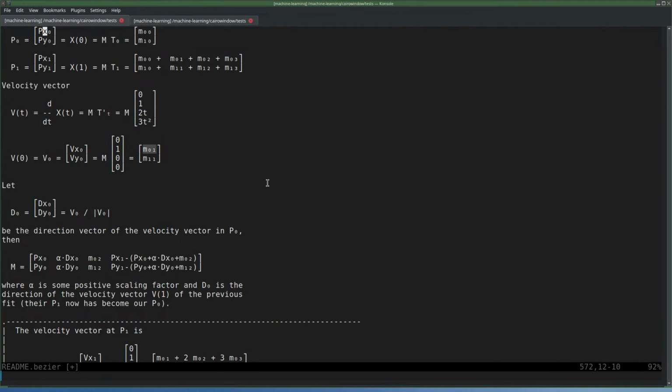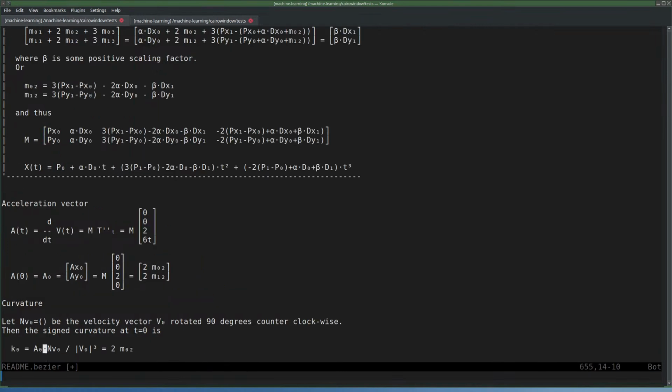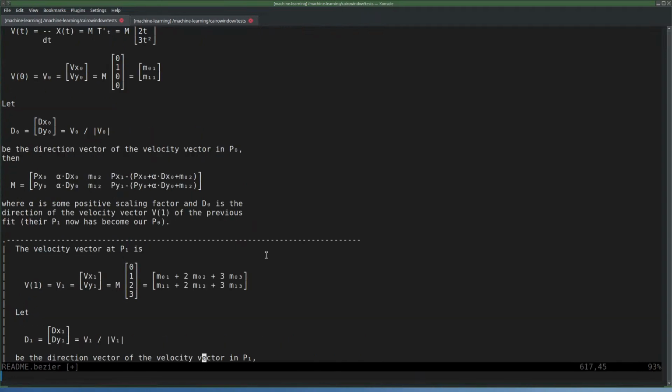And rotated 90 degrees is minus M11. Plus the other one times plus this.